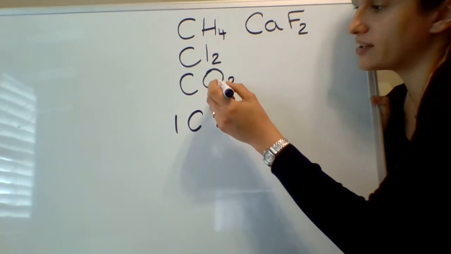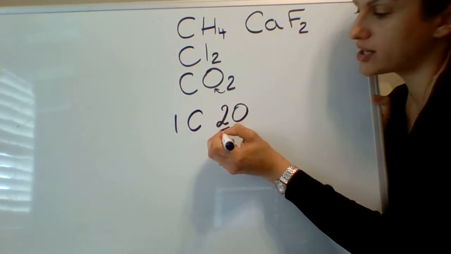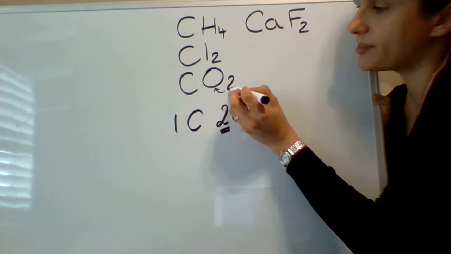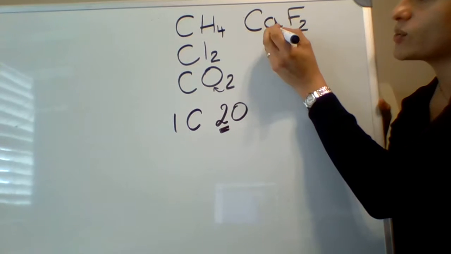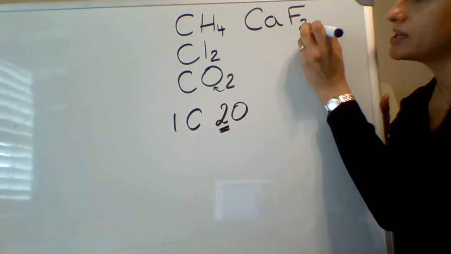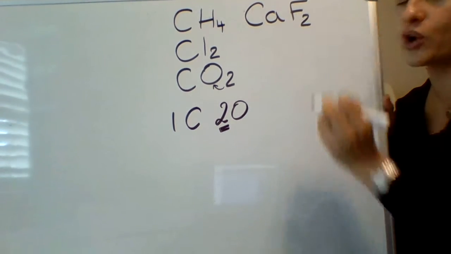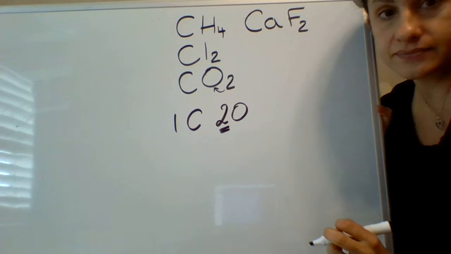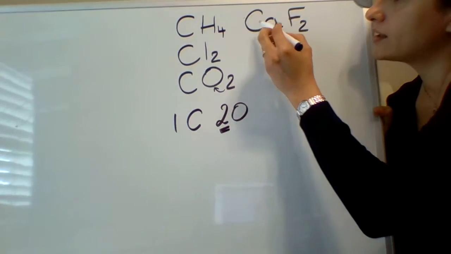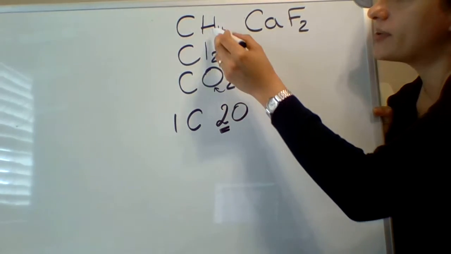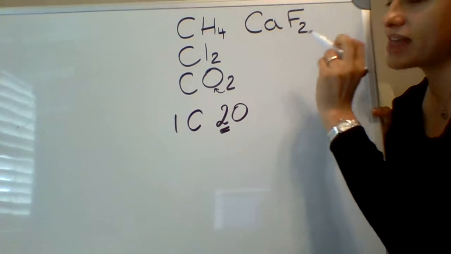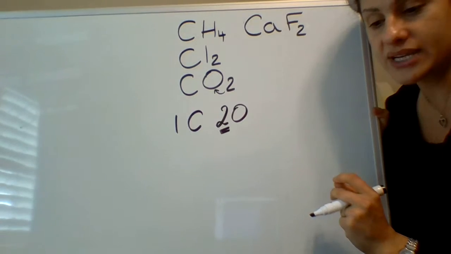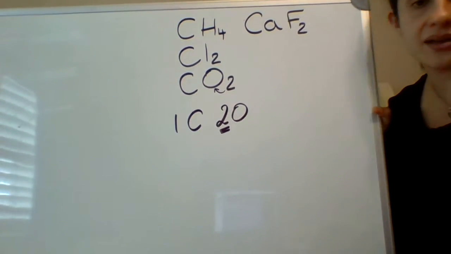But when we write it in a formula, since there's 2 oxygen, we put a subscript 2. In this case, we have 1 calcium atom and 2 fluorine atoms. Here, 1 carbon, 4 hydrogen. Okay, so that is how you count atoms in that way.